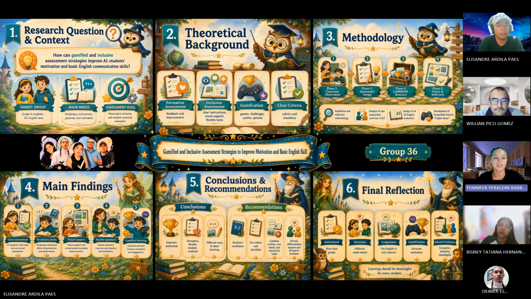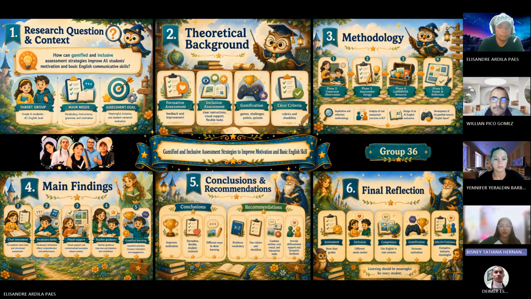We also learned that competence-based evaluation shows how students use English in real and meaningful situations, not only memorize grammar rules or answers to selected questions. Another important learning point was that gamification can increase student motivation through games, challenges, and interactive tools.